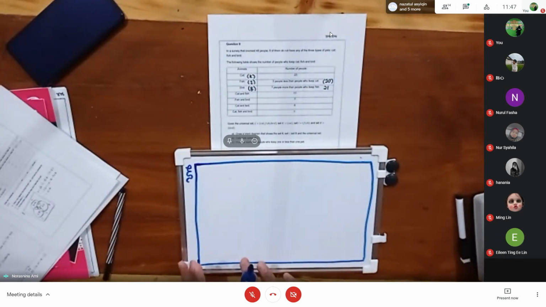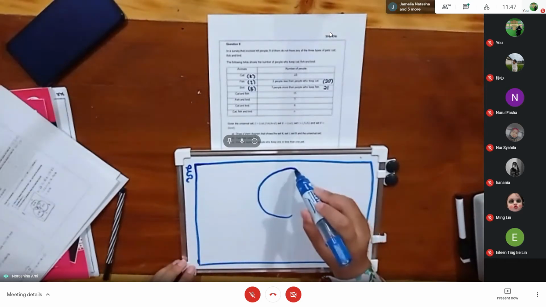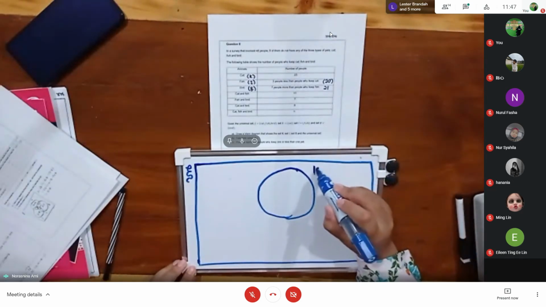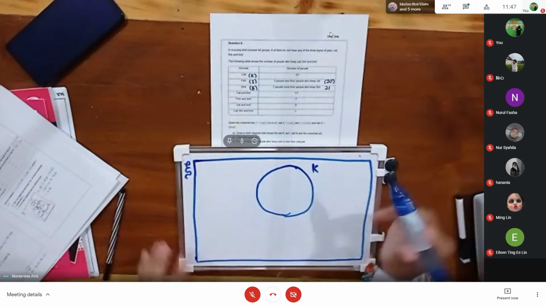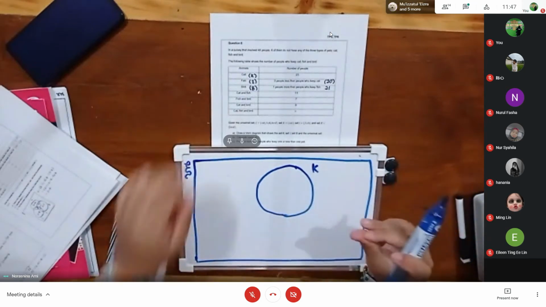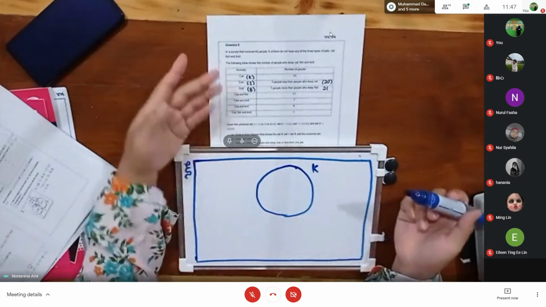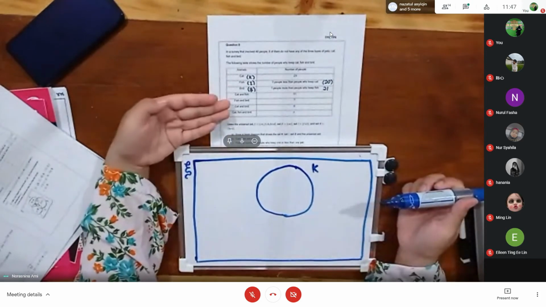Okay, now we draw a shape that represents cat first. I will draw a circle, then I label it as K. K is cat. Next, for the fish, we must check is there any intersection between cat and fish.